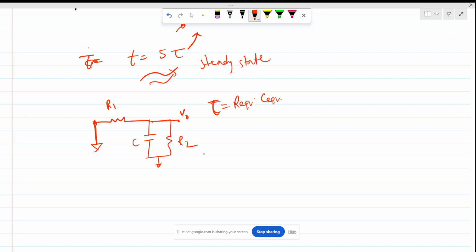Now, can someone tell what will be the R equivalent and C equivalent of this circuit?